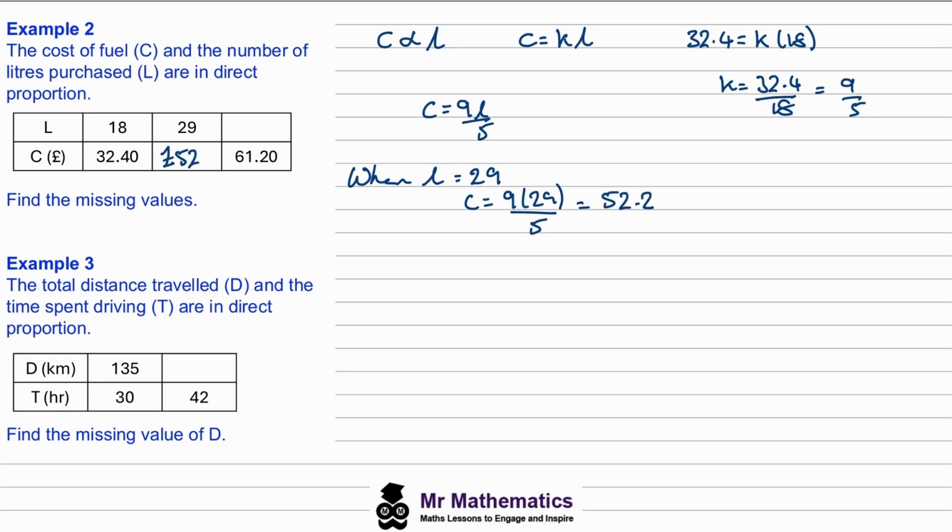So using pounds and pence, and when C equals £61.20, we'll substitute this back into our model. So we get 61.2 will be 9L over 5. We'll move this 5 over to this side, so we get 306 will equal 9L. Divide both sides by 9, and L will equal 34.